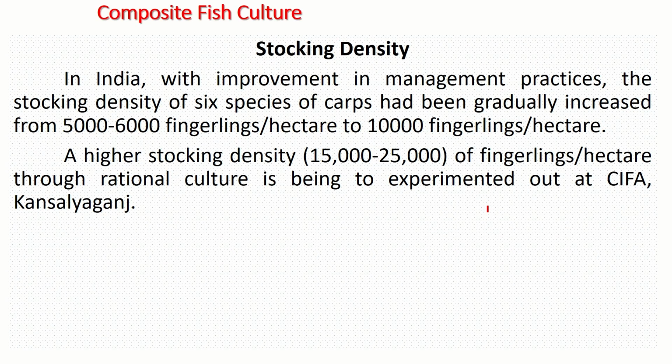What is the stocking density for this purpose? In India, with improvement in management practices, the stocking density of 6 species of carps has been gradually increased from 5,000 to 6,000 fingerlings per hectare, which is a low input technology, to up to 8,000 fingerlings per hectare, which is intermediate input technology, to 10,000 fingerlings per hectare, which is a high input technology.